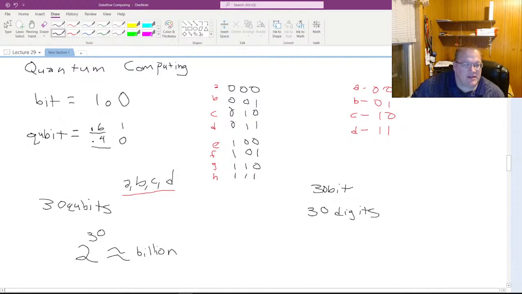If we're using qubits or quantum computing, this is 2 to the 30th, or about 1 billion values to describe that relationship, not just characters or letters. Digits. We could read that as values as well.